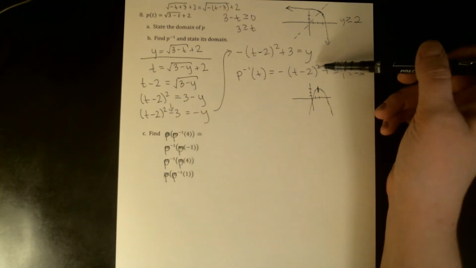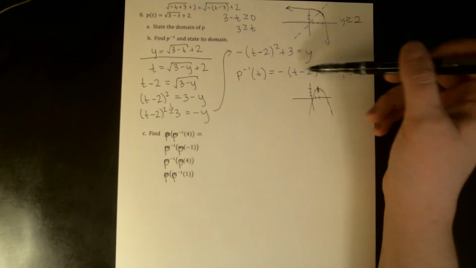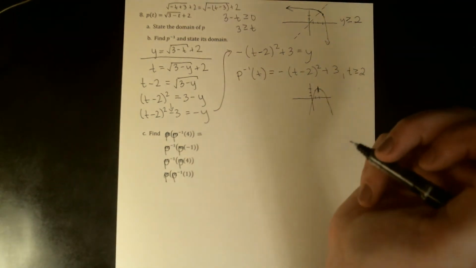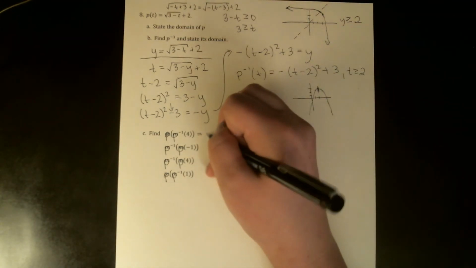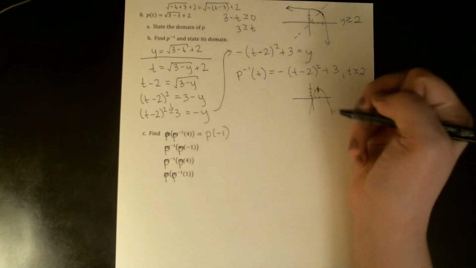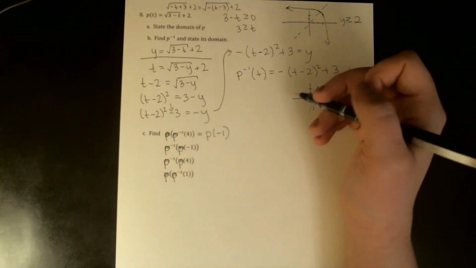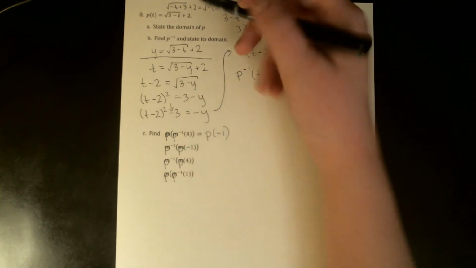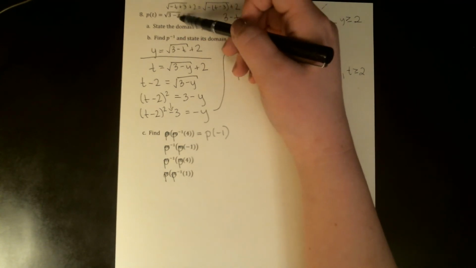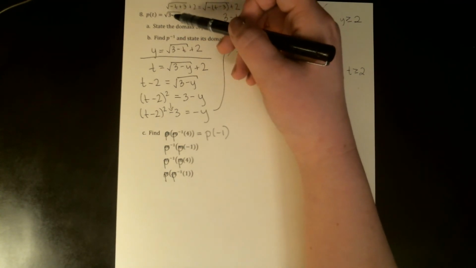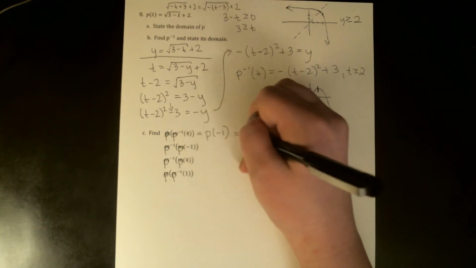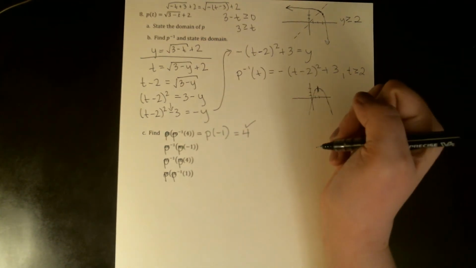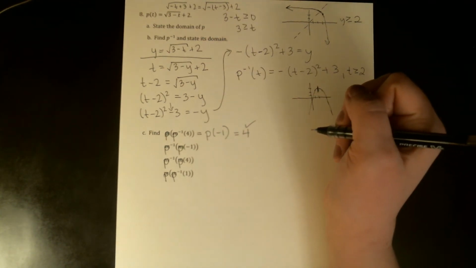I square it, I get 4. Negative 4 plus 3 is negative 1. If I then plug the negative 1 into p, I get the square root of 3 plus 1, so the square root of 4, which is a 2, plus 2, which is a 4. This is wonderful. When you compose inverses, you're supposed to get back what you started with, so I like it.